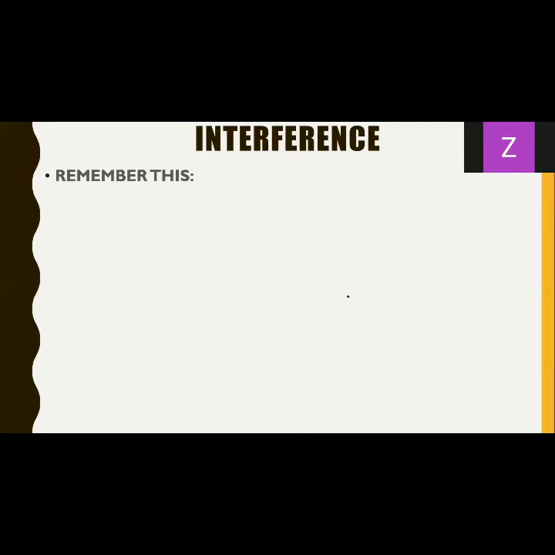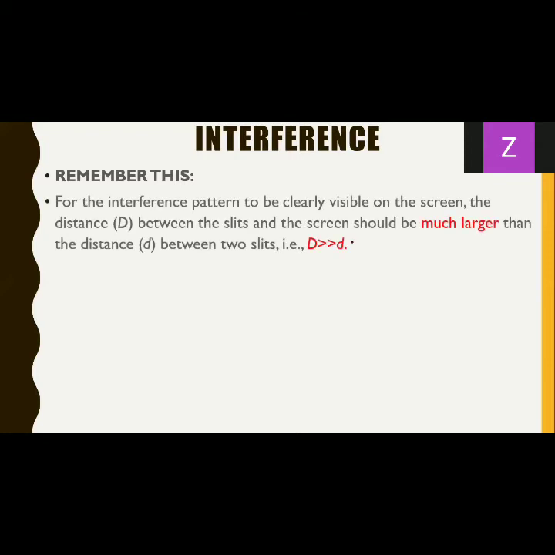What is that condition? Big D should be much greater than small d. Once again, what is big D? Big D is the distance between the slits and the screen. So the distance between the slit and the screen should be very, very high compared to the distance between the two slits.